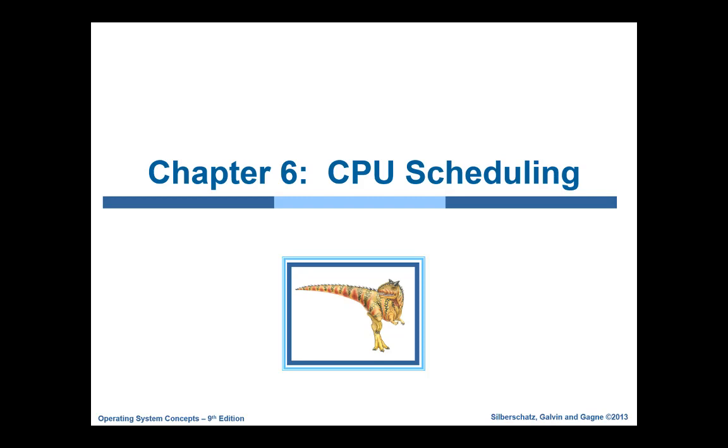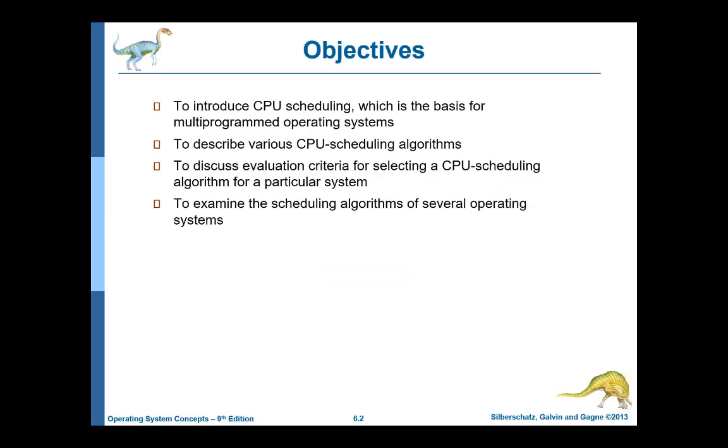What are the things we need to consider when we select a process from the ready queue and bring it into the CPU? What we study in this chapter is CPU scheduling, which is very important for multiprogramming, and multiprogramming means the capability to run more than one program at the same time.